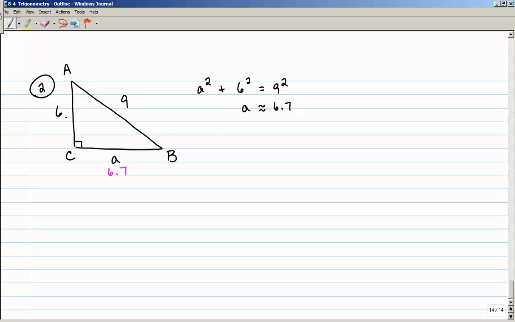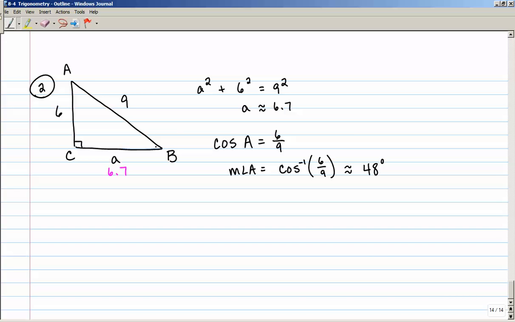In relation to angle A, 6 is adjacent, 9 is opposite. Adjacent and opposite is cosine, so the cosine of angle A is going to be 6 over 9. Or the measure of angle A is equal to the inverse cosine of 6 over 9, which is approximately equal to 48. So angle A is approximately 48 degrees.